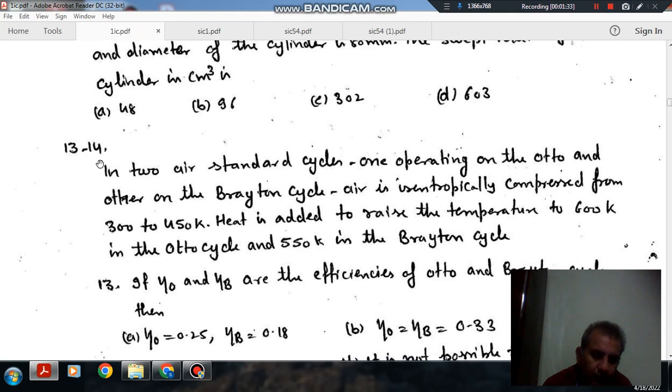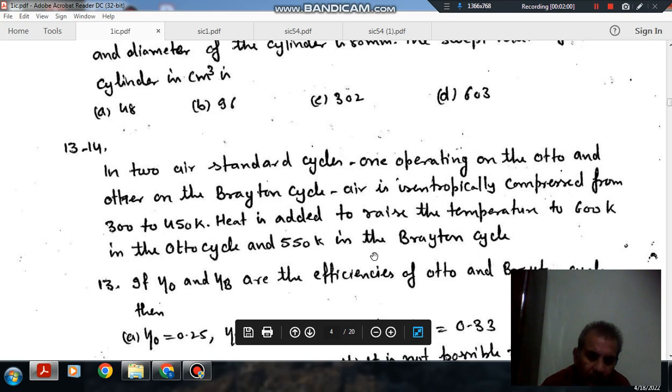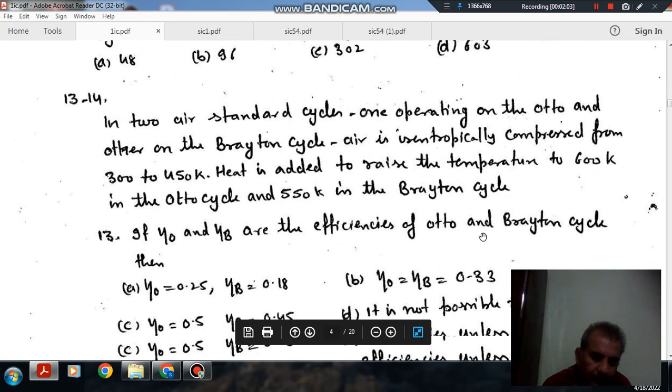Question number 13 and 14. In two air standard cycles, one operating on the Otto and the other on the Brayton cycle, air is isentropically compressed from 300 to 450 Kelvin. Heat is added to raise the temperature to 600 Kelvin in the Otto cycle and 500 Kelvin in the Brayton cycle.